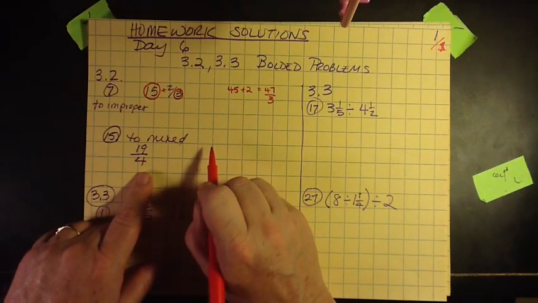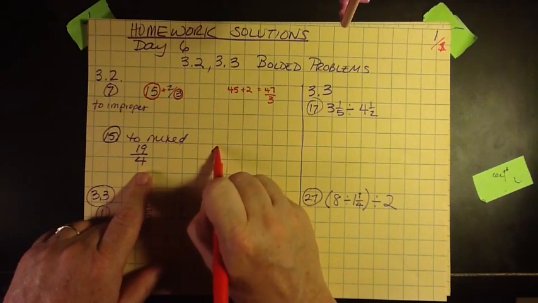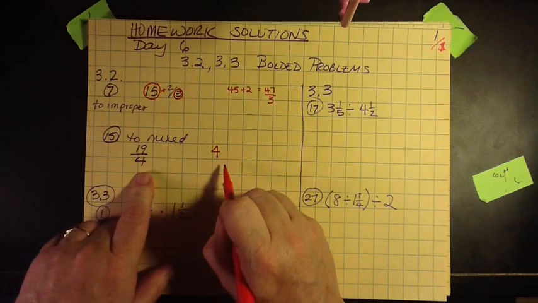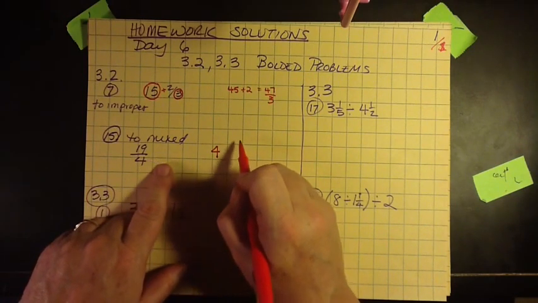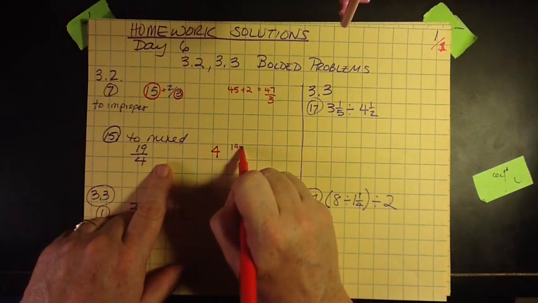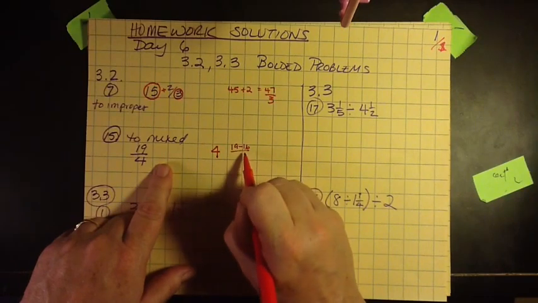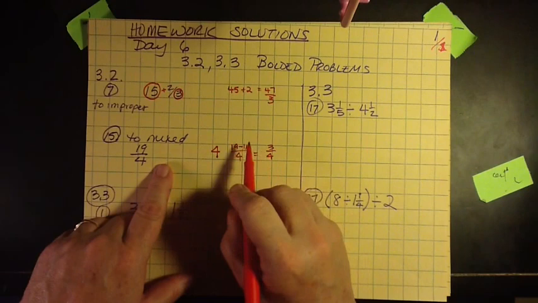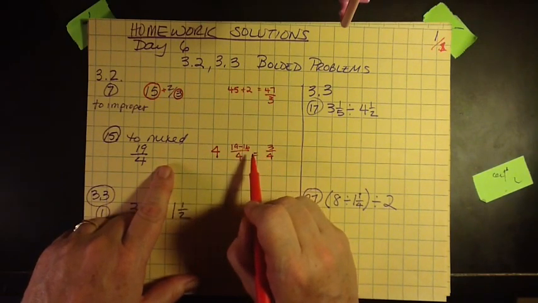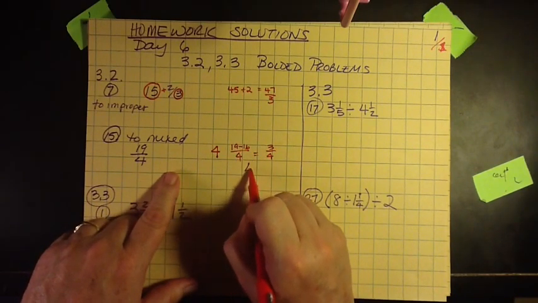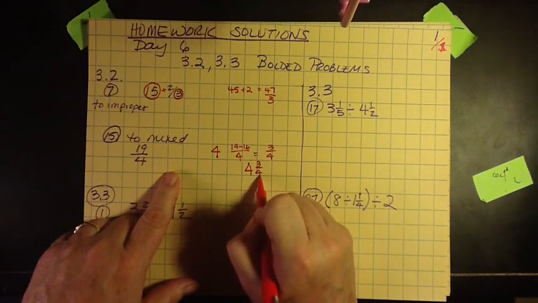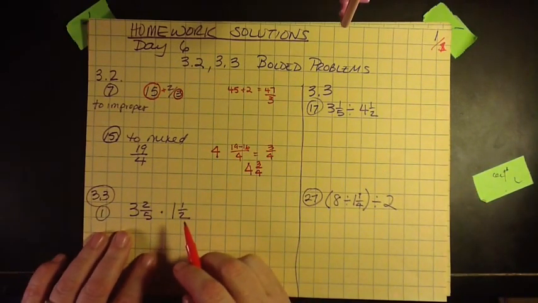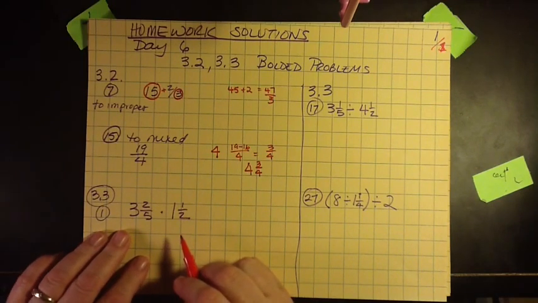And 4 goes into 19 4 times, because 4 times 9 is 16, and 16 from 19 equals 3. So my answer is 4 3/4.